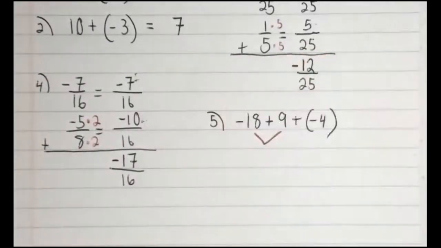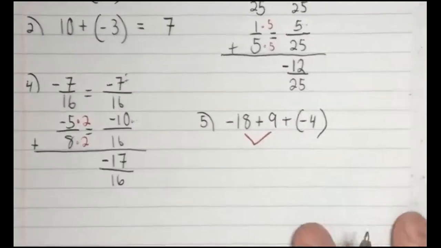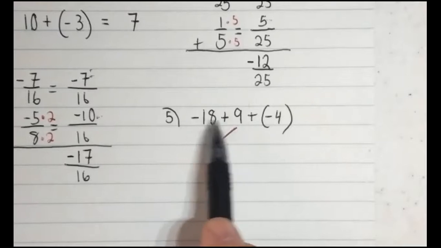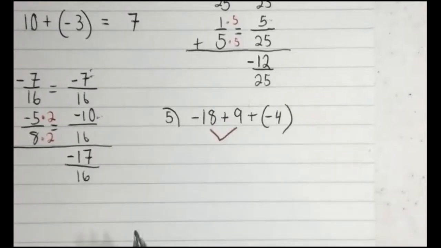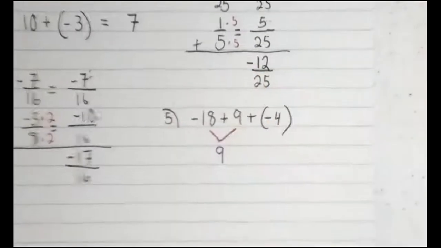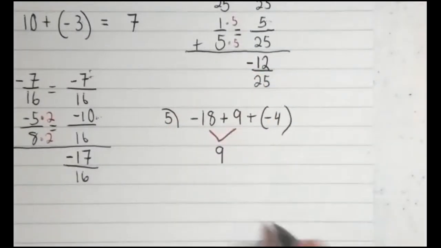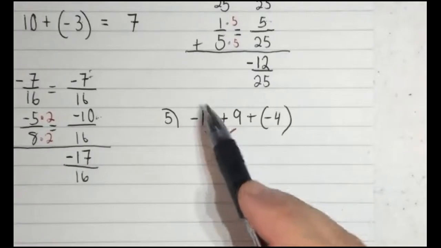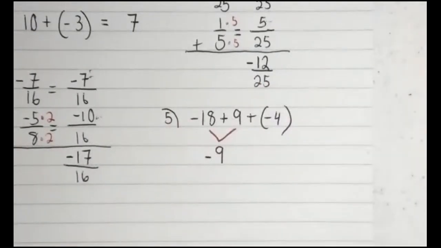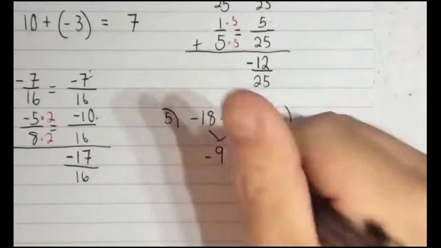So the first thing we would do is negative 18 plus 9. These signs are different, correct? One's negative, one's positive. So the rule is subtract. What's 18 take away 9? That'll give me 9. And is it positive or negative? Again, there's more negatives in the 18 than there are positives in the 9, so our answer is negative 9. Now I'm going to move this down.